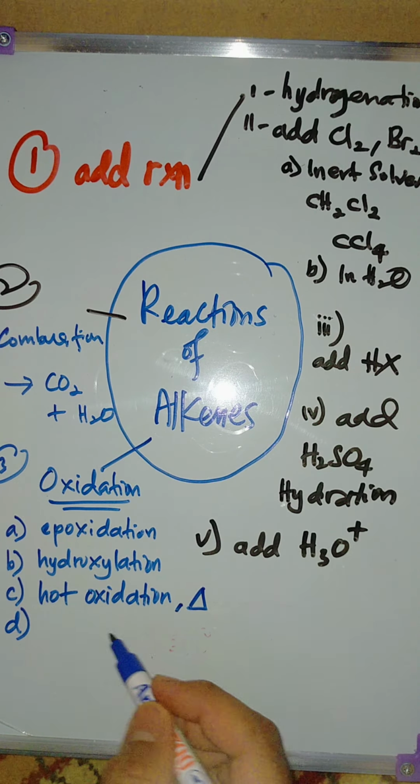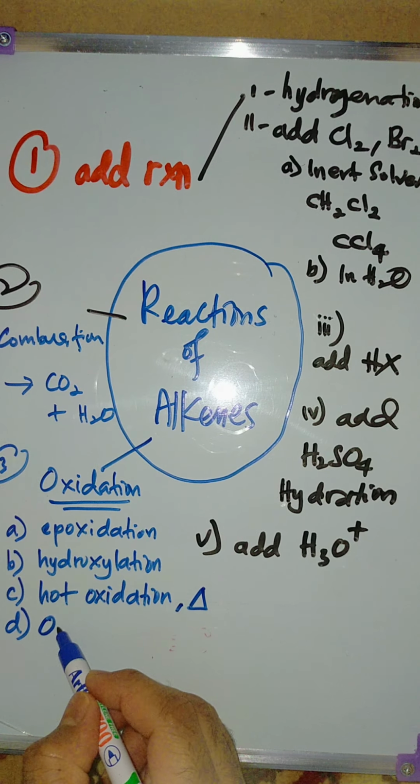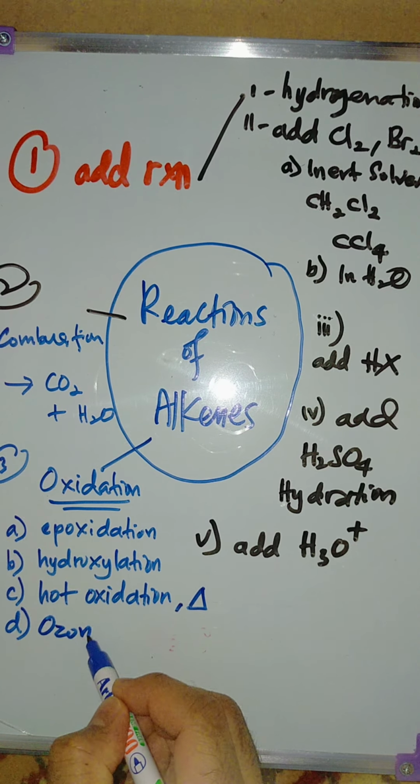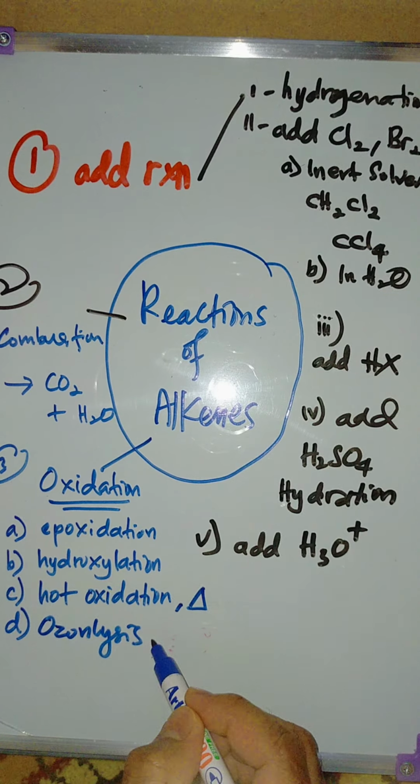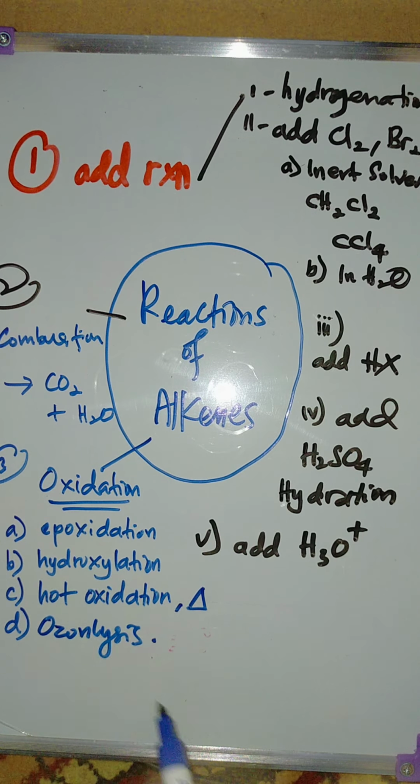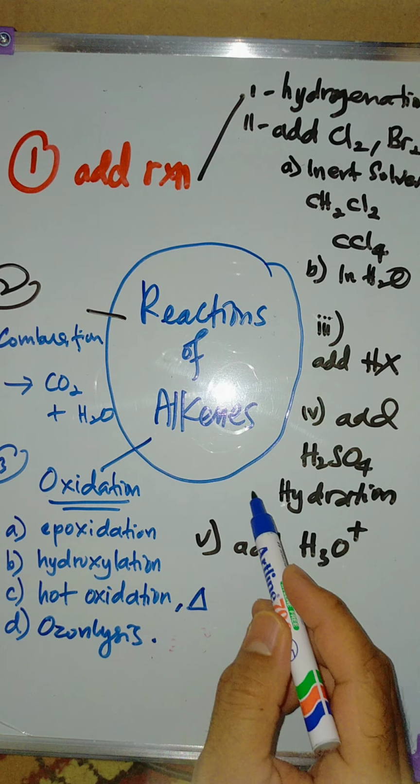And then the last one is ozonolysis. Okay, yang ni yang paling top sekarang lah, ozon tambah O tu. Okay, which is ozonolysis adalah reaction untuk anti penuaan yang common orang buat sekarang ni untuk kecantikan.